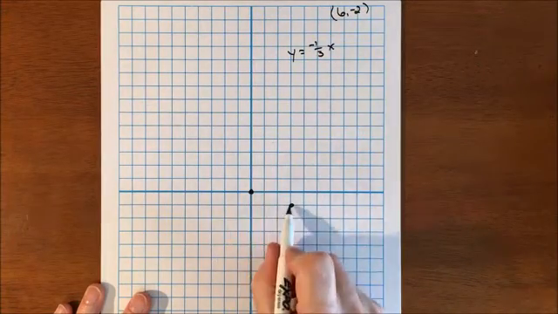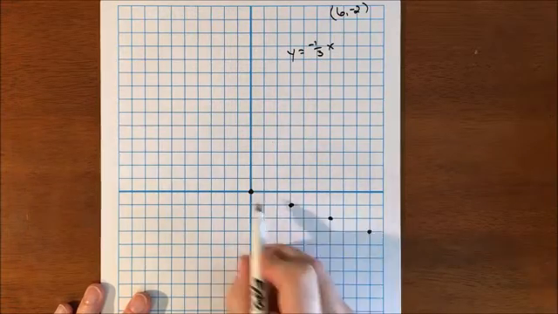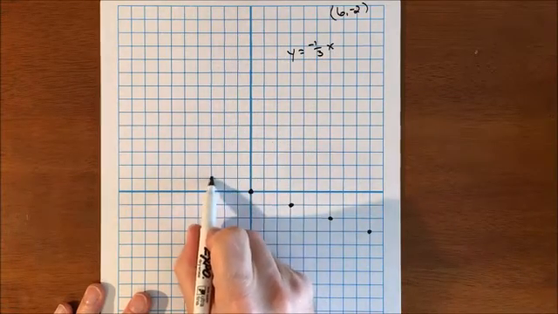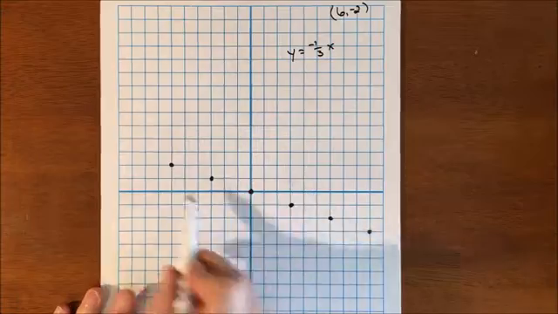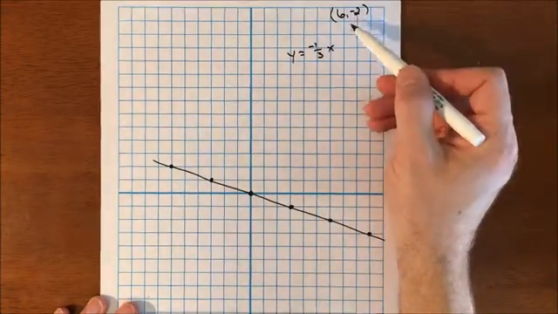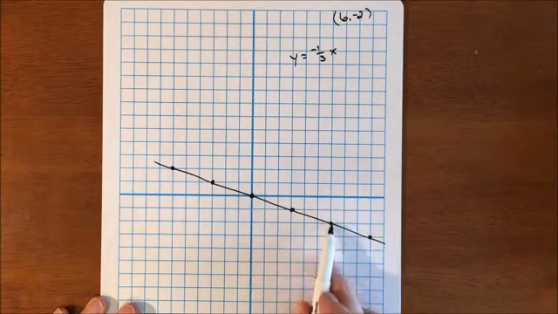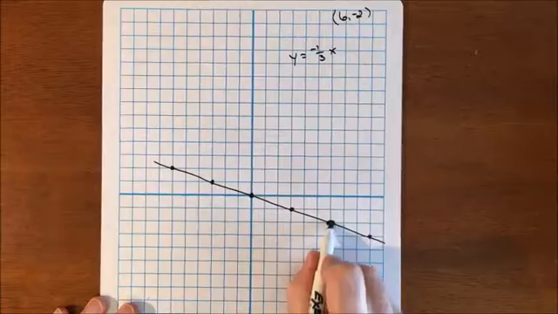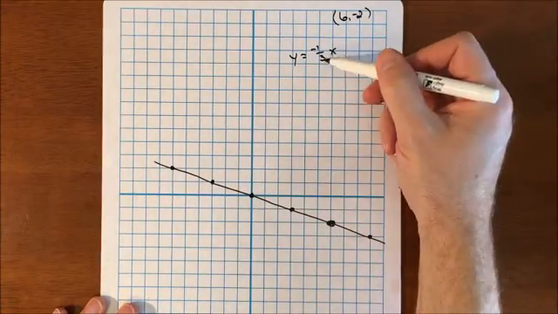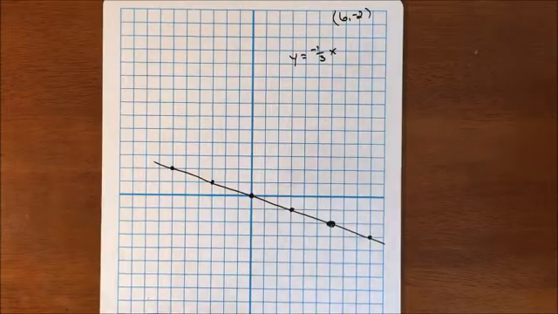So if we go down 1 over 3, down 1 over 3, down 1 over 3, up, back 3, up, back 3. And if we connect our dots, I'm looking to see if 6, negative 2 is one of them. So 3, 6, negative 2. Perfect. So it has the exact slope that we need, and it passes through the point. So that's definitely the right equation.